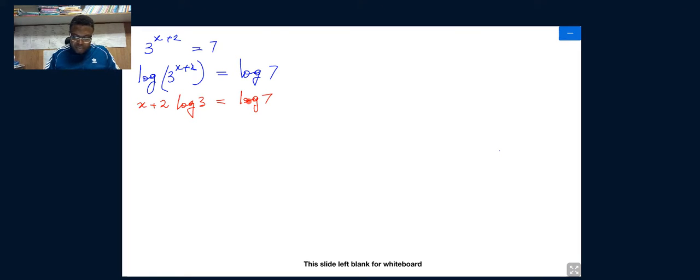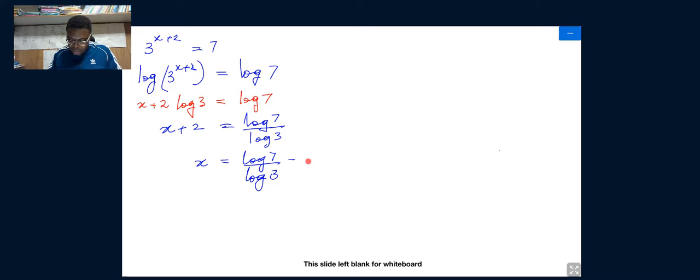So now what do we have? We have x plus 2 equals log 7 over log 3. Lastly, we have log 7 over log 3 subtract 2. x is approximately equal to negative 0.28.